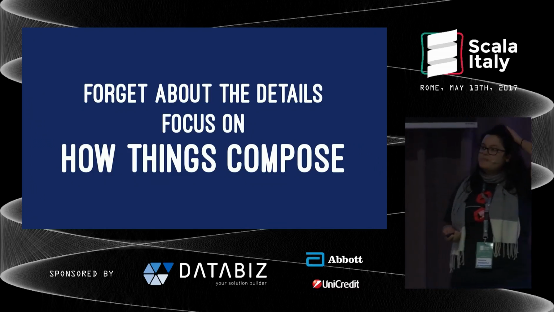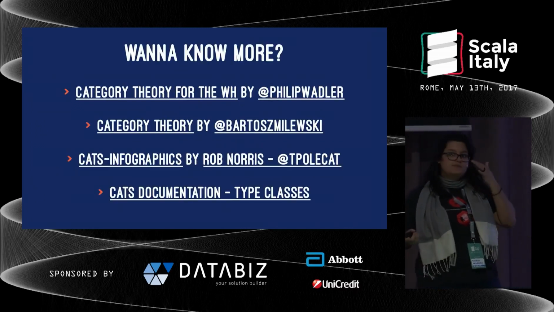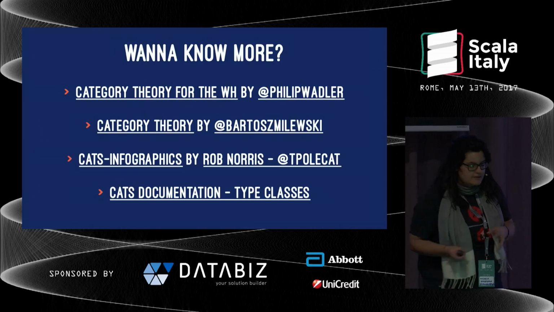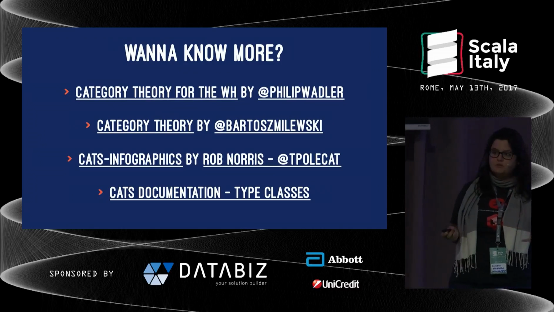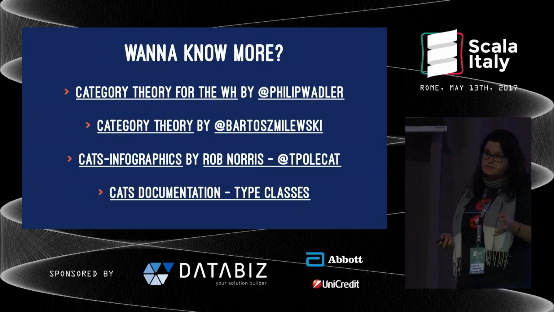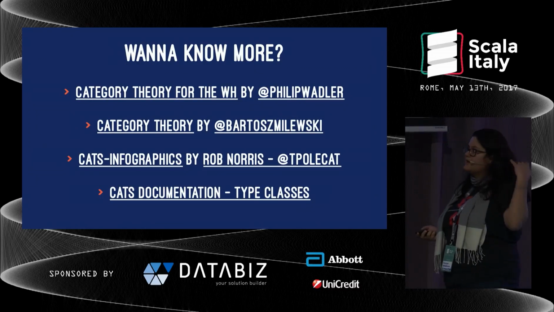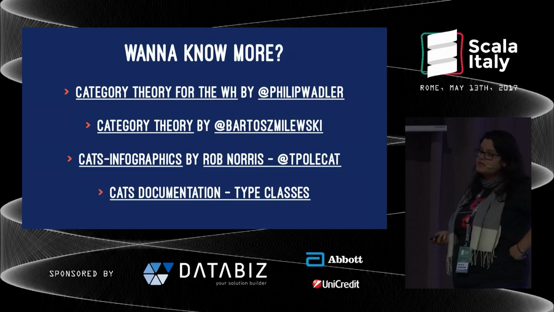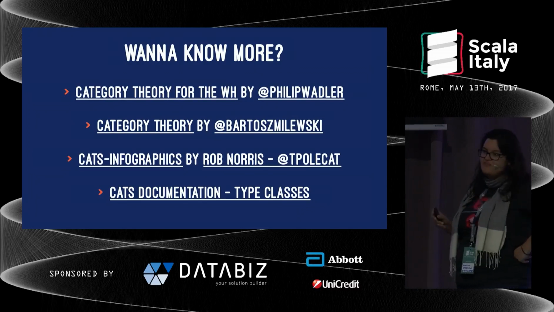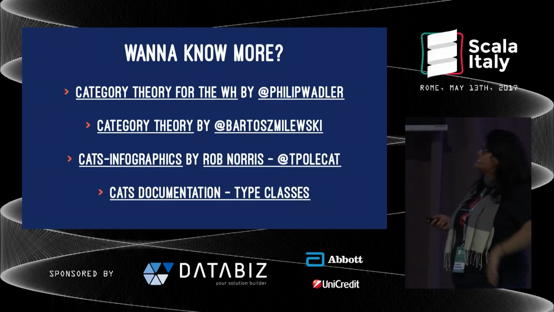So, this was a practical introduction, but obviously, what happens if you want to know more? There are a lot of details, a lot of laws that we didn't mention on purpose. So these are my favorite sources to get more information about category theory. The first one is a talk by Philip Walder that did Lambda World. It was extremely fun, and it goes into the details of what a category is.